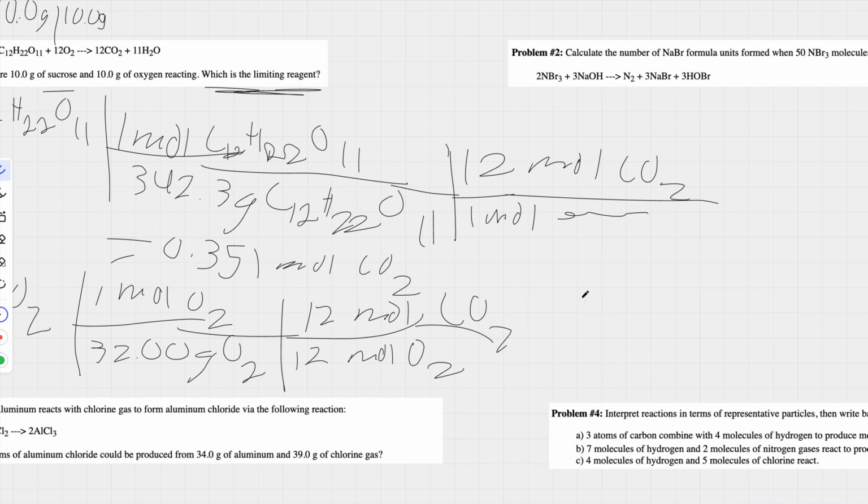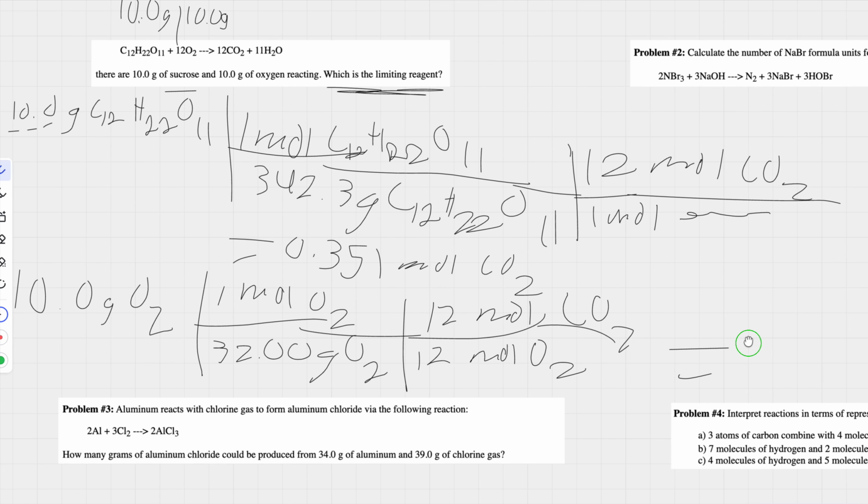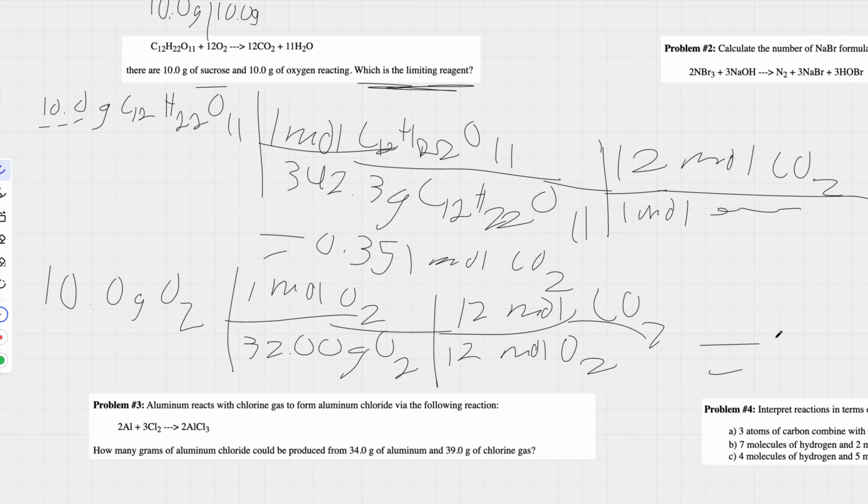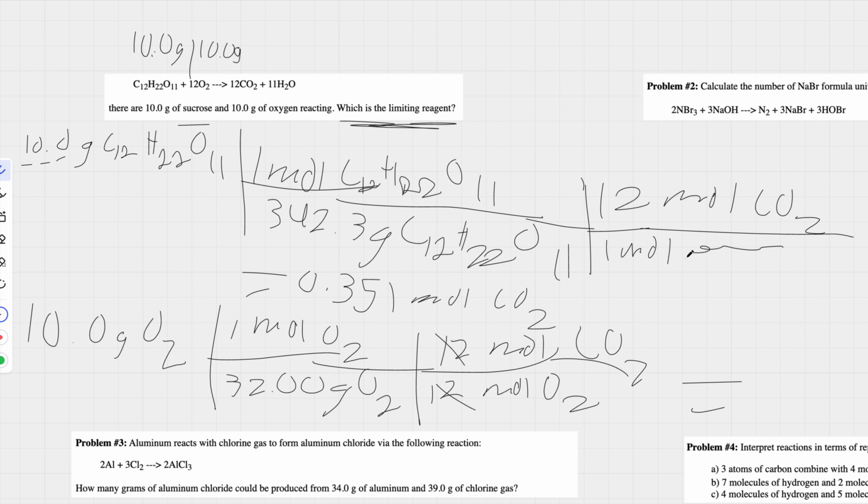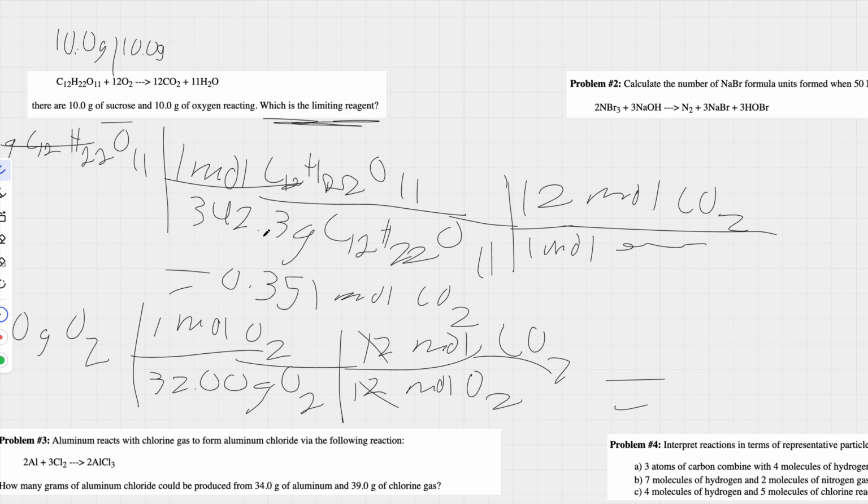Now this equals. Really, the only thing you have to input here is 10 divided by 32, since these moles just cancel out each other. So obviously cancel out these units as well. Don't forget about that.